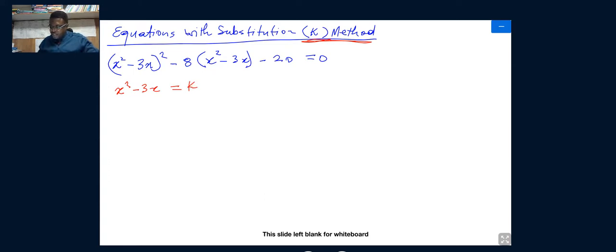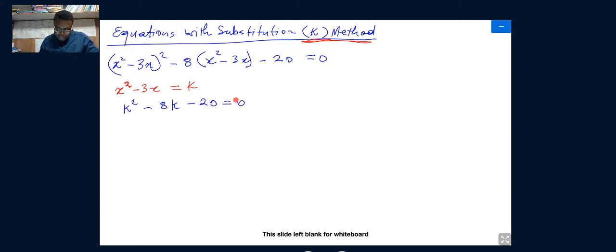What happens when it's equated to k? It means we are going to substitute k into the original equation. In place of x squared minus 3x, we are going to write k. So it's k squared minus 8k minus 20 equal to 0.